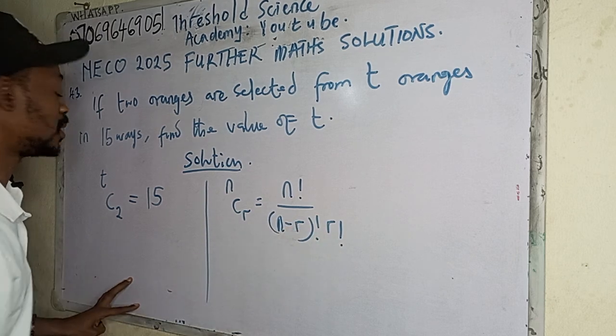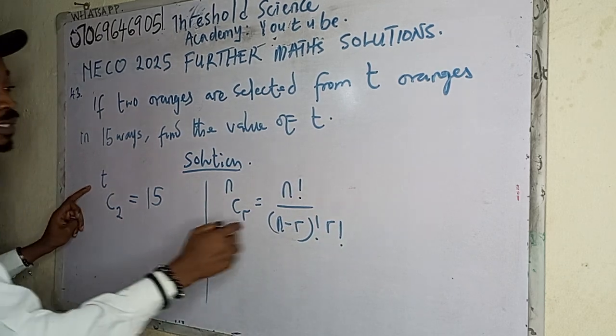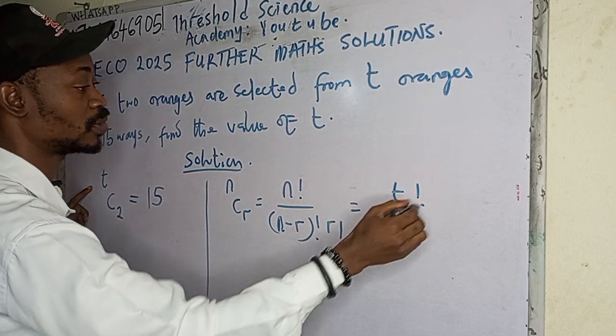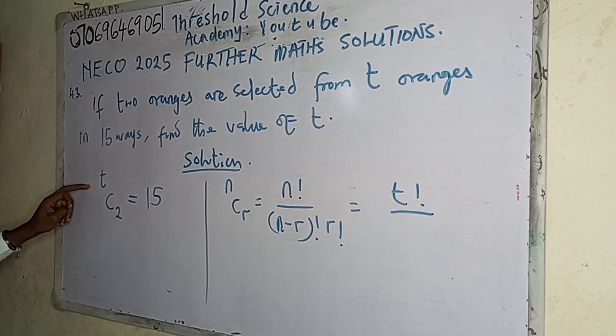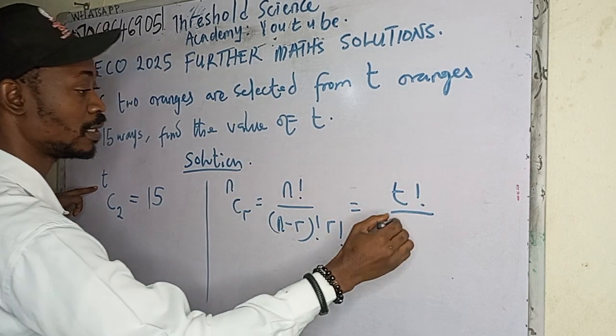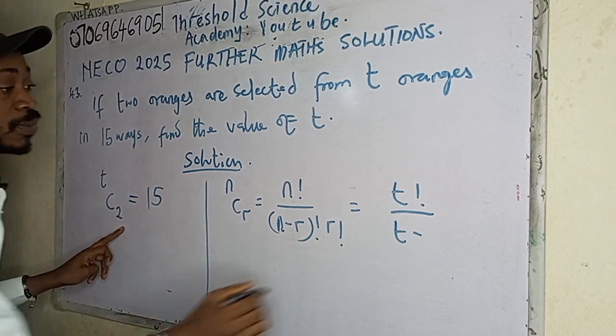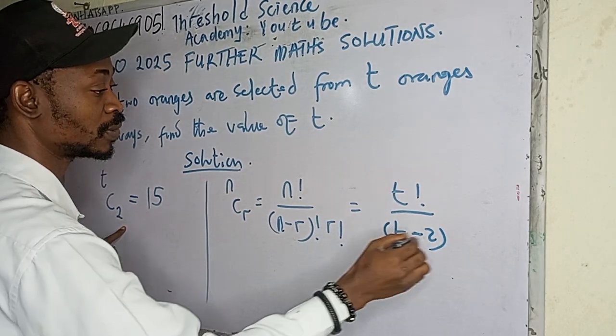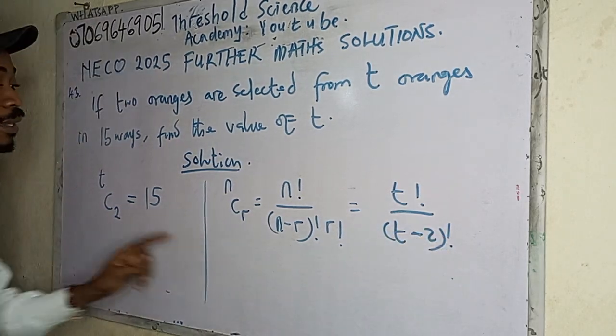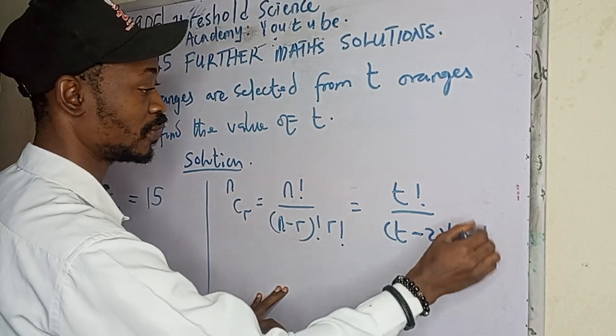in which case our T is our n this time around. So then with T factorial all over, of course, T minus what's our r, is 2, factorial, and then r factorial again, that's going to be 2 factorial.